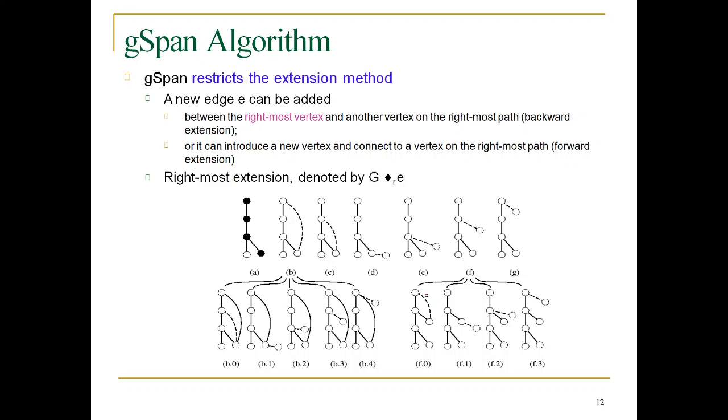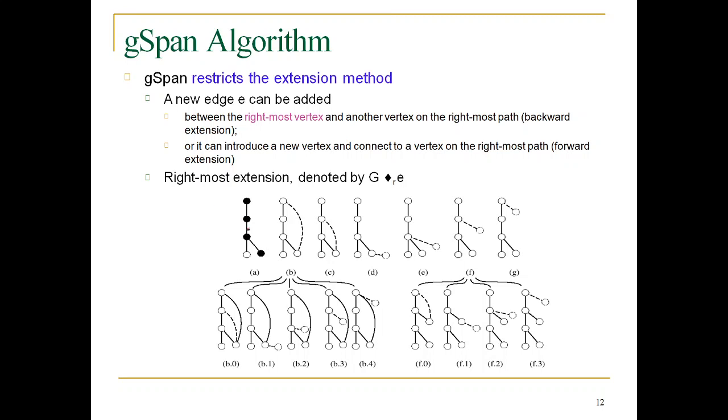So whenever you want to add a new edge, we are going to add an edge between the rightmost vertex and another vertex on the rightmost path, that is the backward extension. And it can introduce a new vertex and connect it to a vertex on the rightmost path, that is the forward extension.